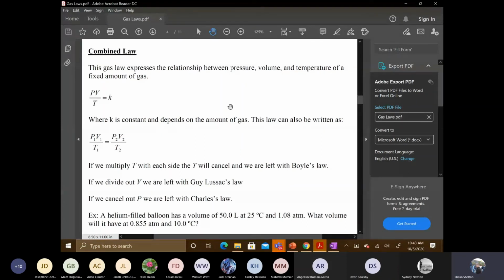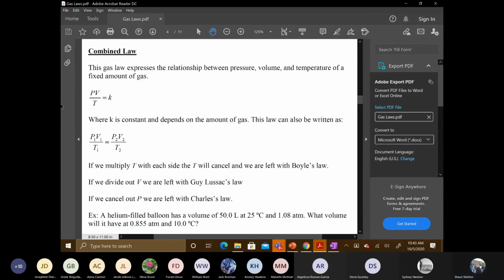All right. So combined gas law, what they're doing is they're taking all three of these together and putting them in one unit, because not always are we going to be able to keep one of those variables constant. They're going to change. In fact, all three could change at one time. And so what you want to do is try to solve for pressure or volume or temperature, depending on the conditions.